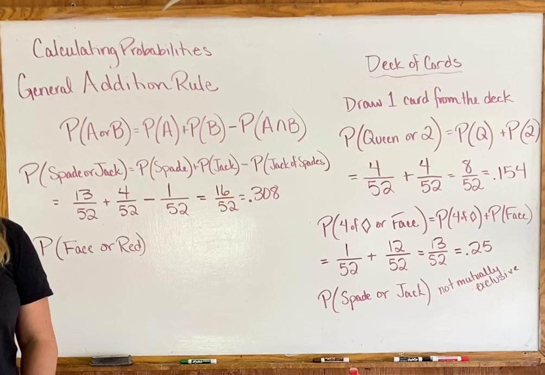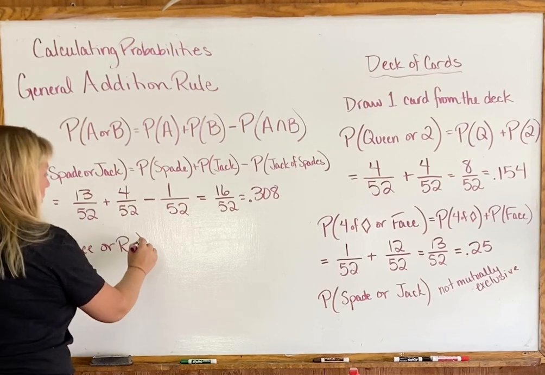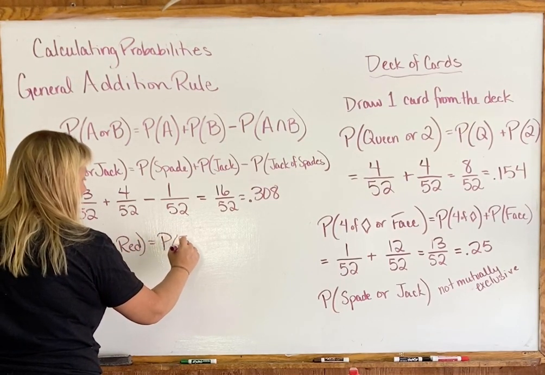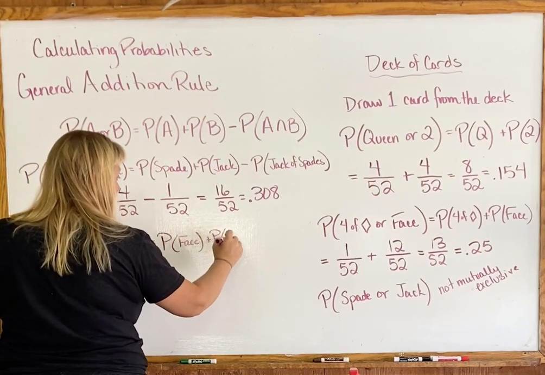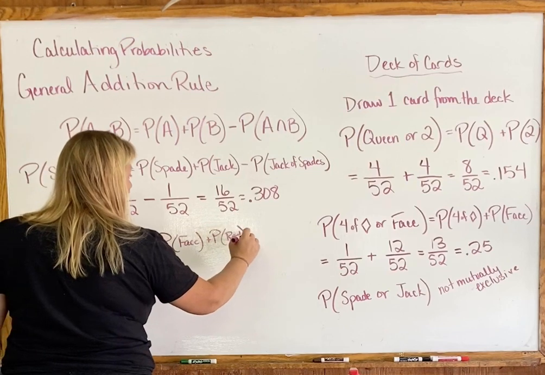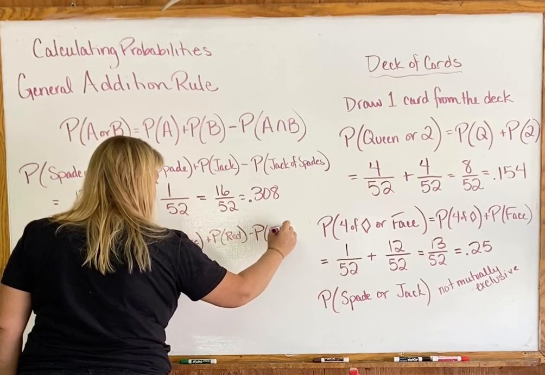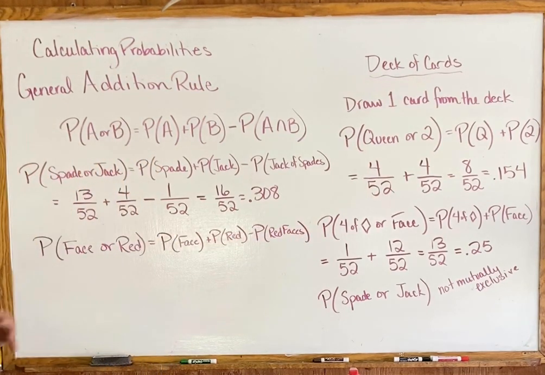And yes, there are, aren't there? There most definitely are face cards that are also red. So what we're going to do is the probability of a face card plus the probability of a red card. But then we're going to subtract away the probability of the red faces. And that's the overlap, right? The ones that are both red and have faces on them.